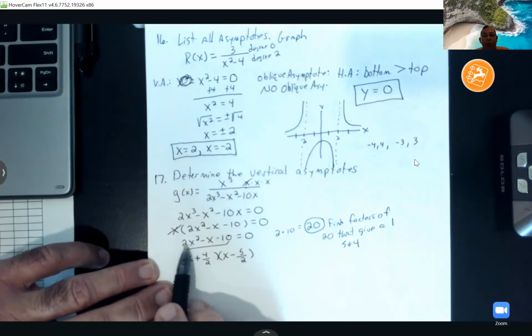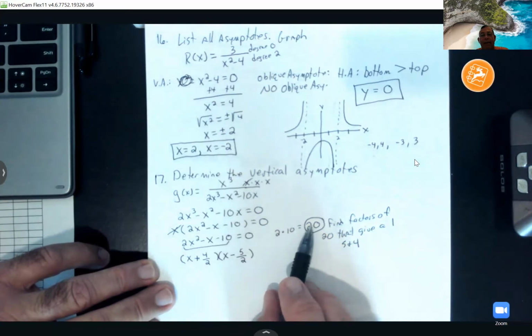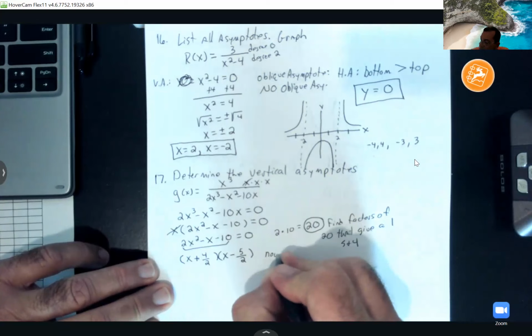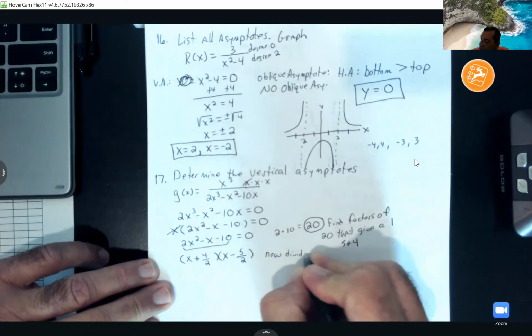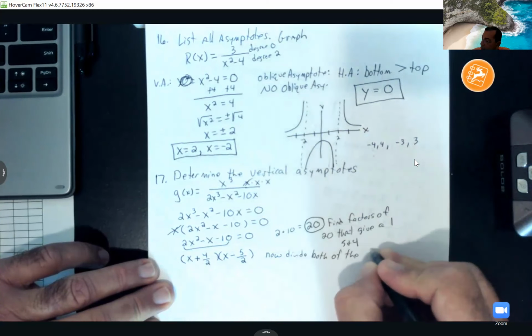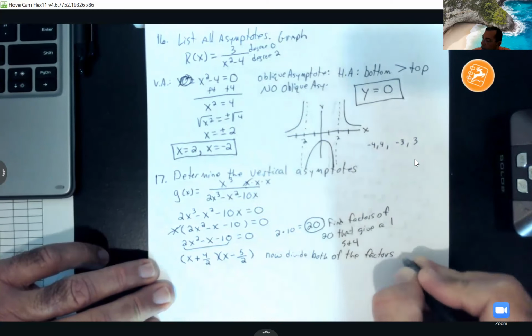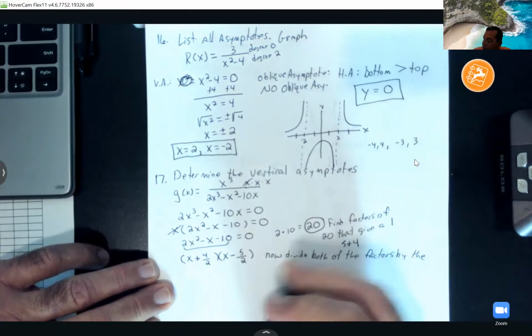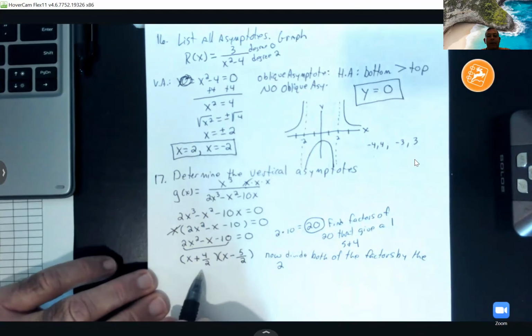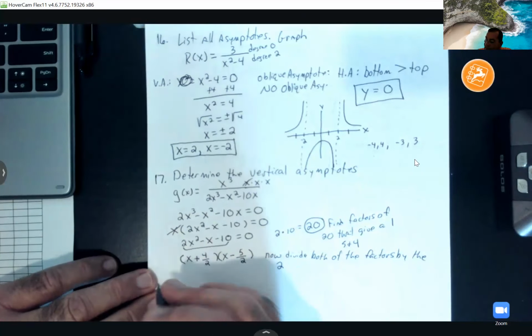So it's like you're borrowing the 2. You're going to multiply it, find your 2 factors, then you got to divide by that 2. So now divide both of the factors by the 2.